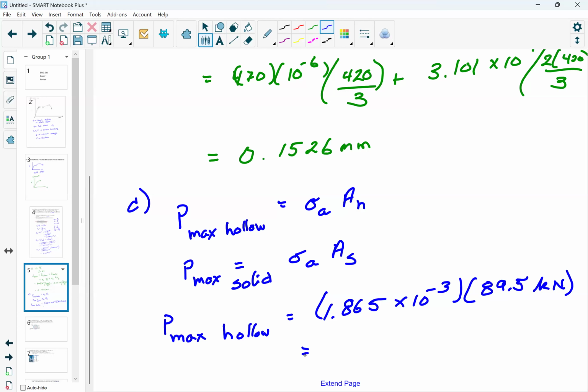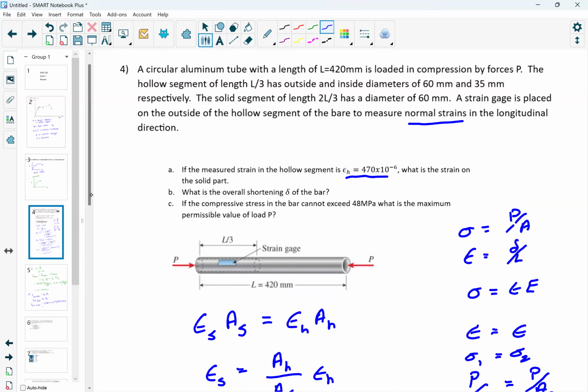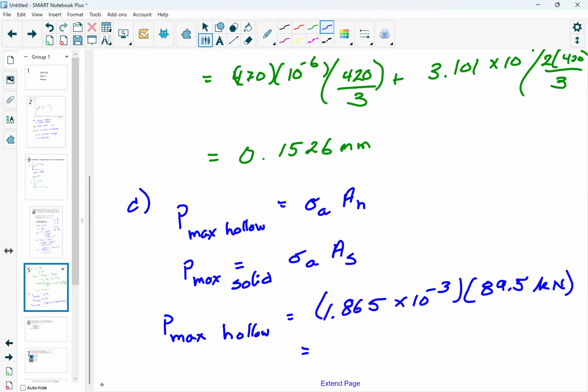And somehow the author got, trying to think about this. Right, that was given to us, 89.5. Oh, I'm sorry, 48 megapascals. Okay, that's what's going wrong. All right, so this is the answer. So we then have 48 megapascals. And when we multiply those together, we're going to get 89.5 kilonewtons.